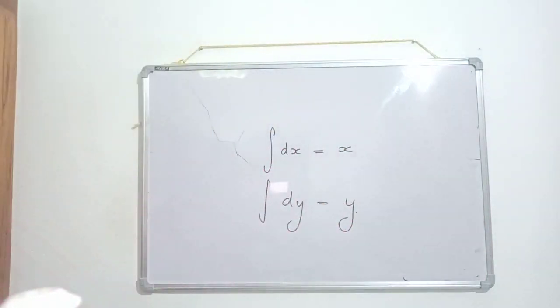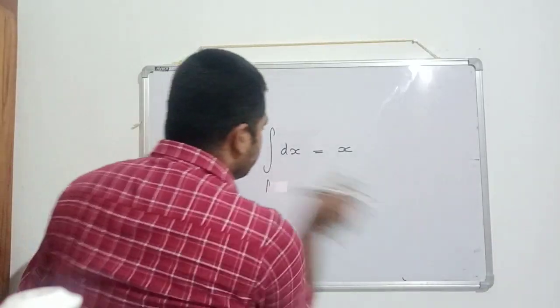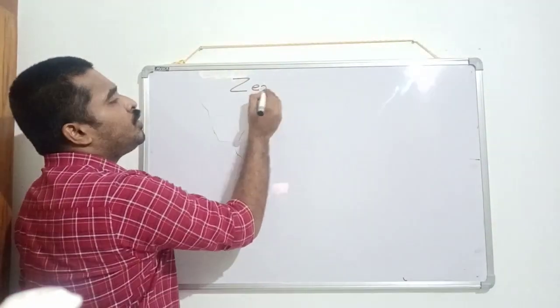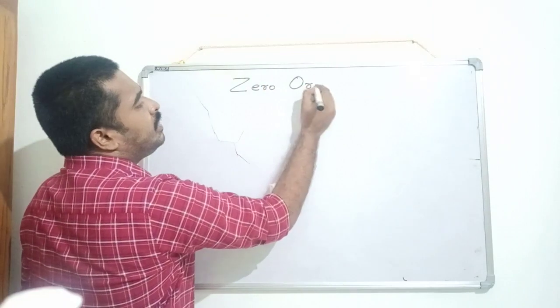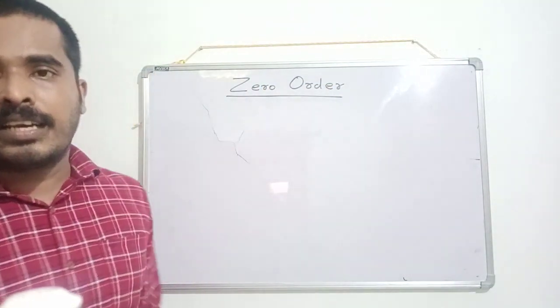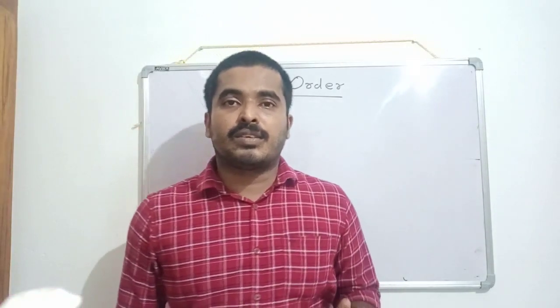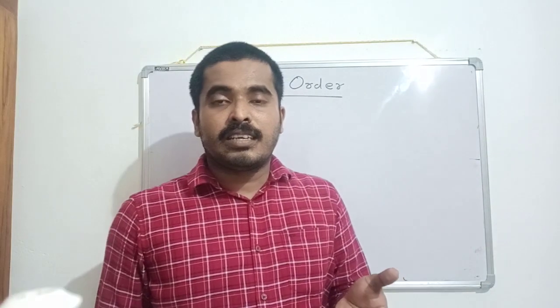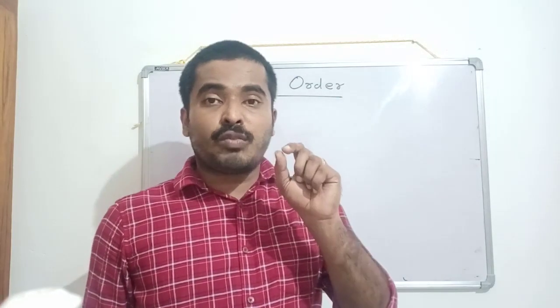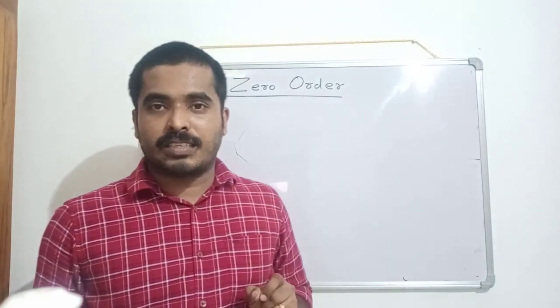Okay, let's see. Today we will discuss zero order reaction. I hope you remember the examples. What are the examples for zero order reaction? All enzyme catalysis reactions, decomposition of NH3 on platinum surface, decomposition of HI on gold surface.